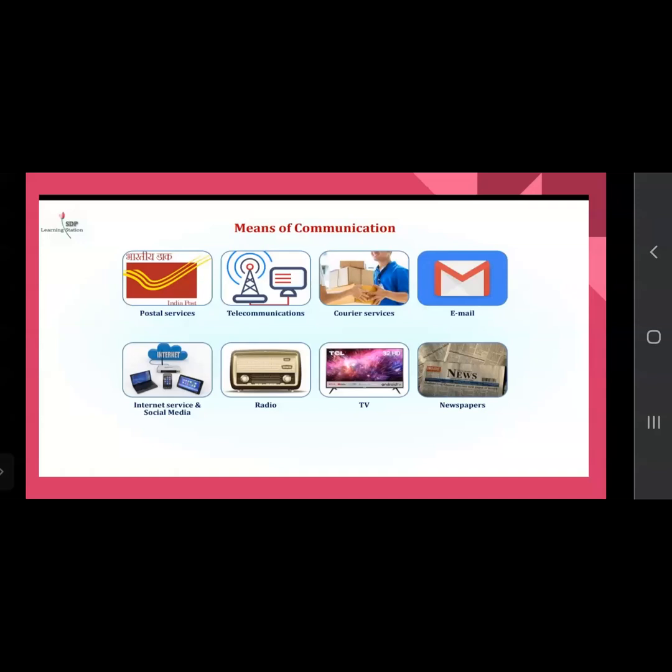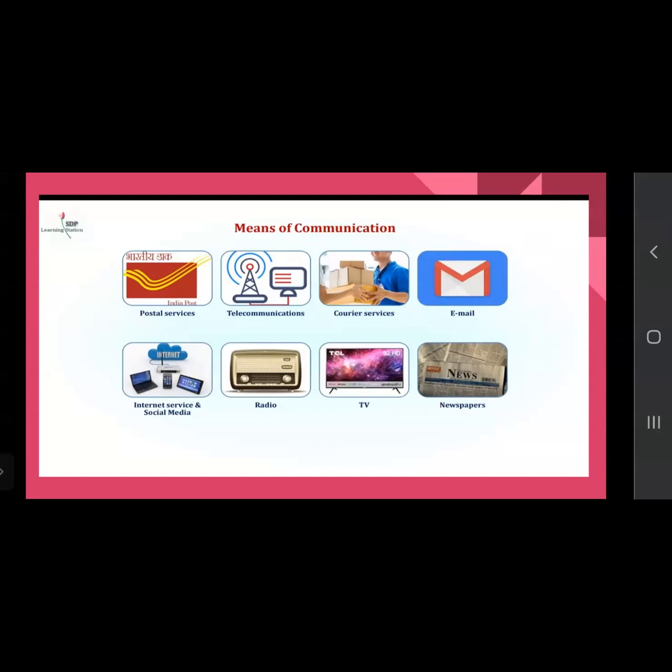Then came telecommunication, landlines and all this. Then the courier services, you all know, where whatever goods you want, you can courier to your friends or relatives. Emails, you all know, the messages.